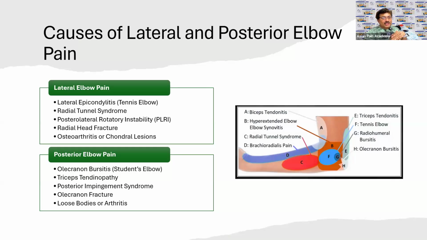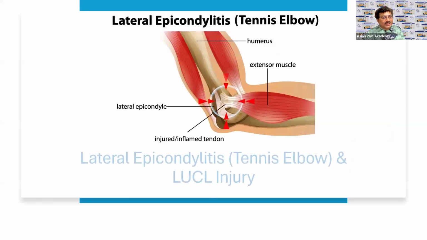There could be associated problem with the triceps tendon, which is known as the triceps tendinopathy, and there could be, as I've already told, soft tissues which might be impinged in the olecranon process, and that is known as the posterior impingement syndrome. There are chances of the olecranon fracture and as well as the osteophytes and other loose bodies or arthritis, so that could be the cause for the posterior elbow pain.